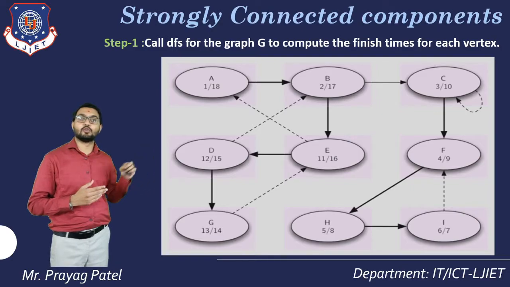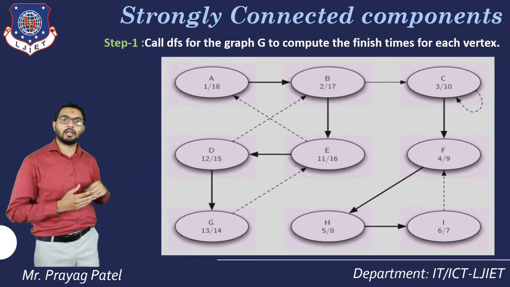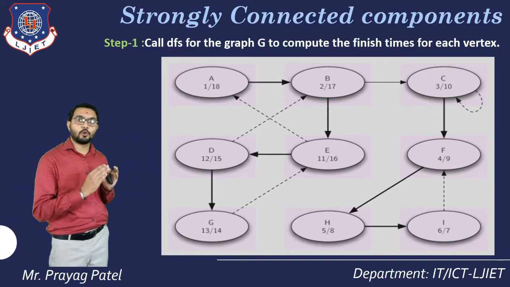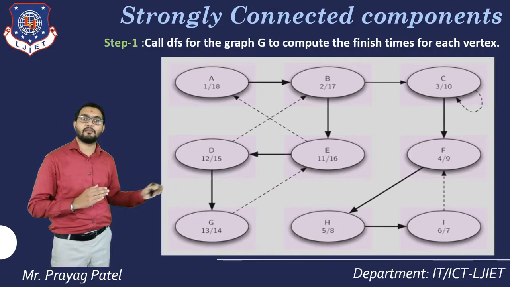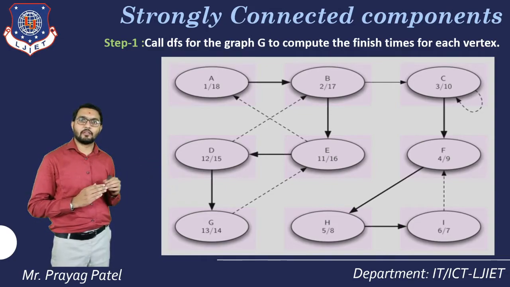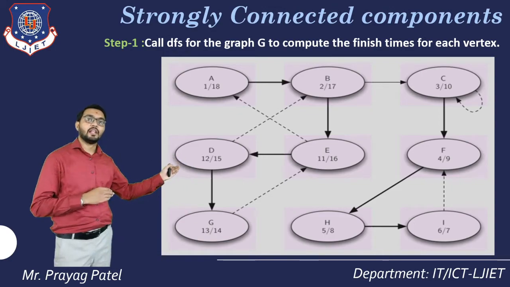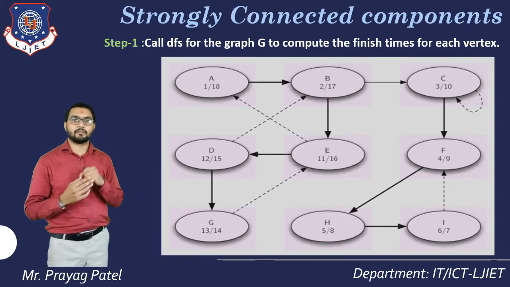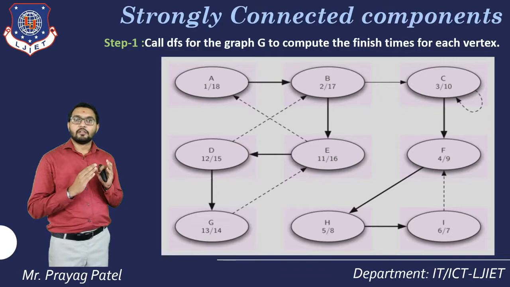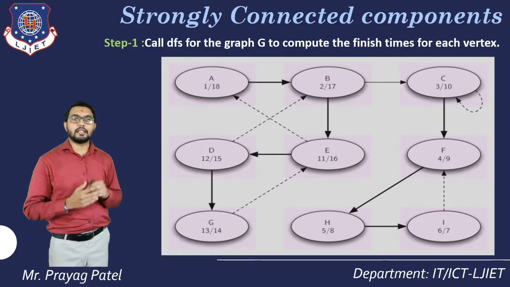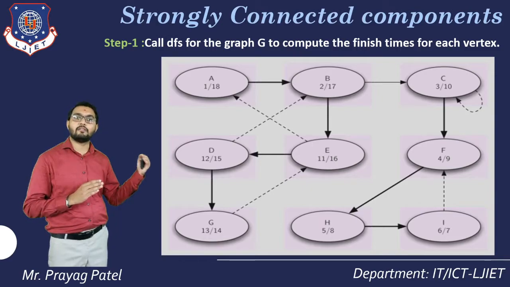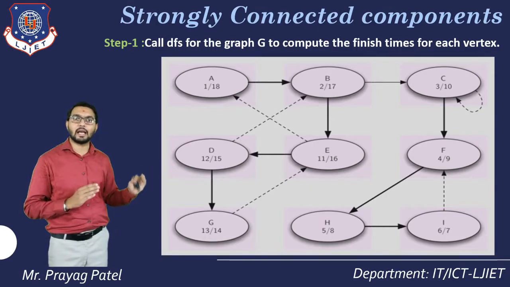So consider the H node. F to H path is available. Yes. So consider node H with starting time 5. Now H to I path is available. Yes. Then consider I with starting time 6. Now after that, when we reach node I, then there is no remaining node from I, no white or unvisited node from I.